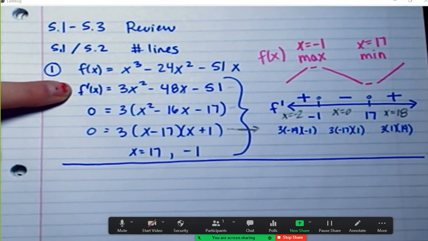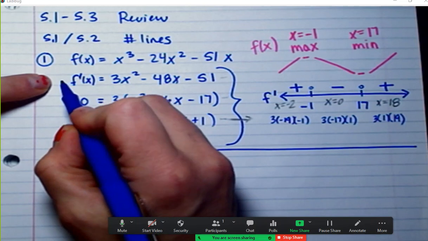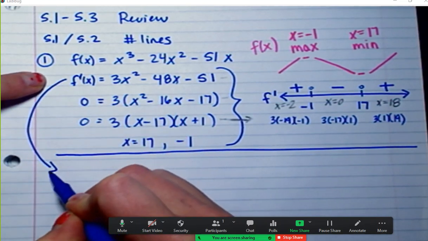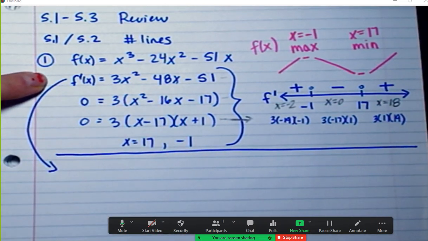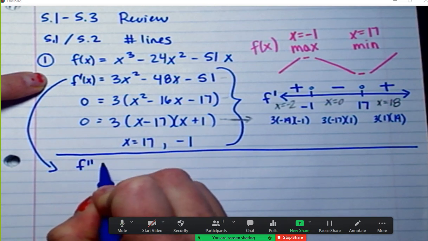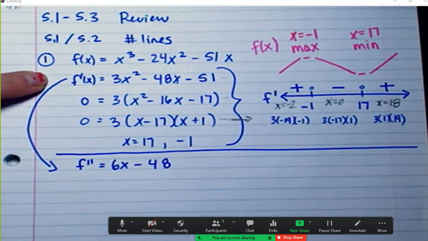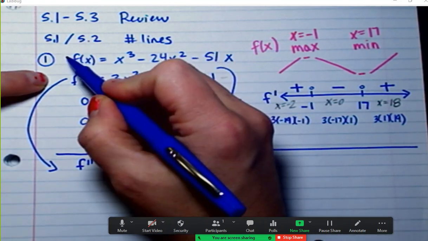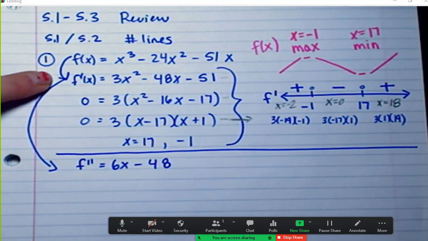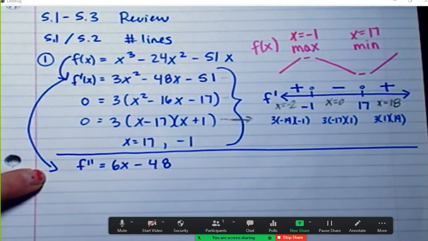Do the second derivative number line. So I'm just going to go back to what f prime is, and I'm going to do the second derivative. Right? F to f prime, and then f prime to double prime. I'm going to do the same thing: set it to 0, solve it, make the number line.